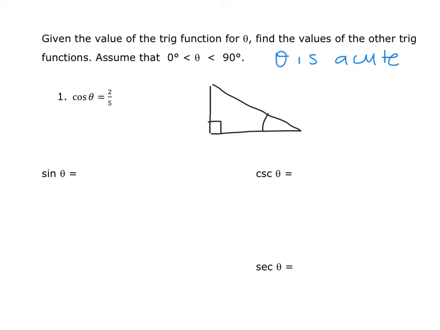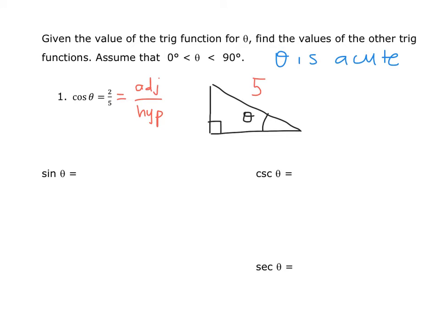If we label this as theta, okay, we look at what we're given, cosine equal to 2/5. Well, we know that cosine is adjacent over hypotenuse. Okay, so we know that then the hypotenuse is 5. We can label the hypotenuse 5.